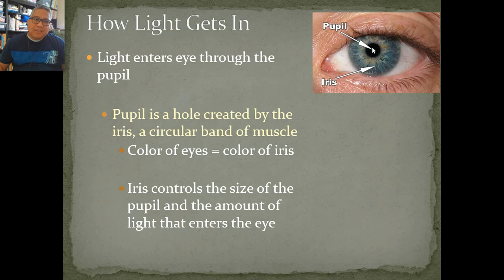When it's nighttime, in the evening, and you have less light, then this part will become really big. I don't know if you've noticed, but in some movies they show a cat walking in the dark, and then the cat looks at the camera and the whole eyes are black because they need more light in order to see better.